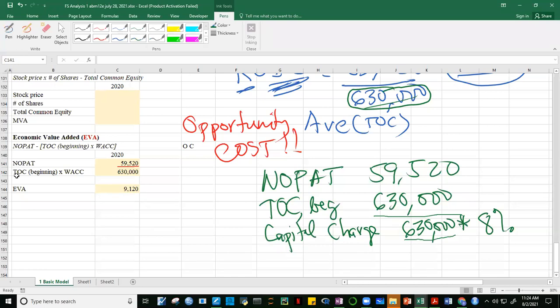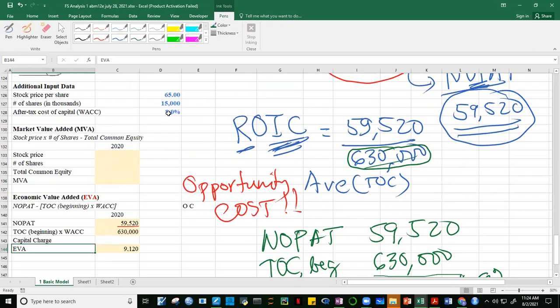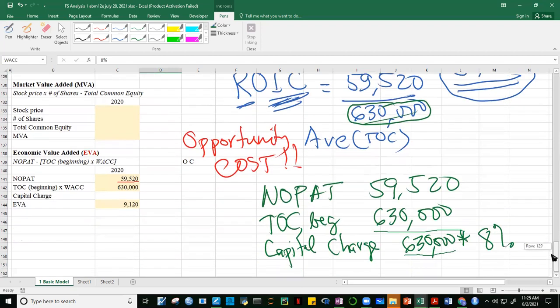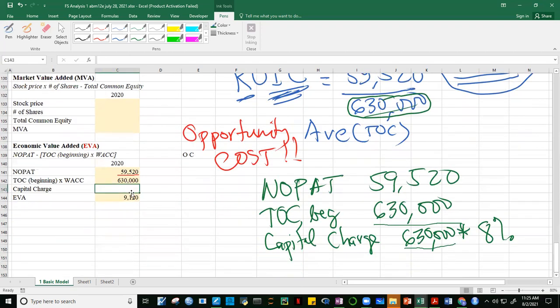I'm going to write here capital charge. Okay. And then let's give a name to our WACC. Ito. Lagyan ko na lang dito. Name WACC. Weighted average cost of capital. Enter. Okay. I hope guys remember this. Why am I doing that? So that, guys, is equal to TOC beginning multiplied by your WACC.